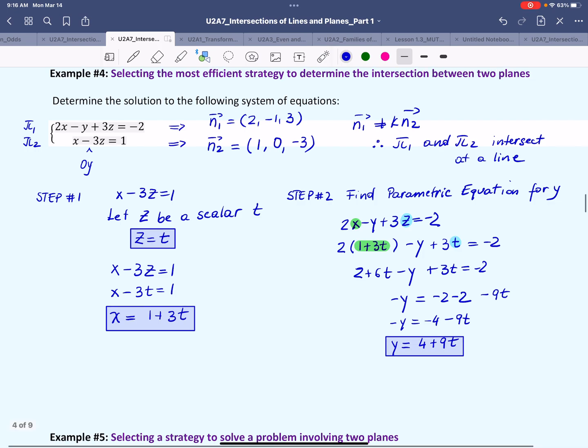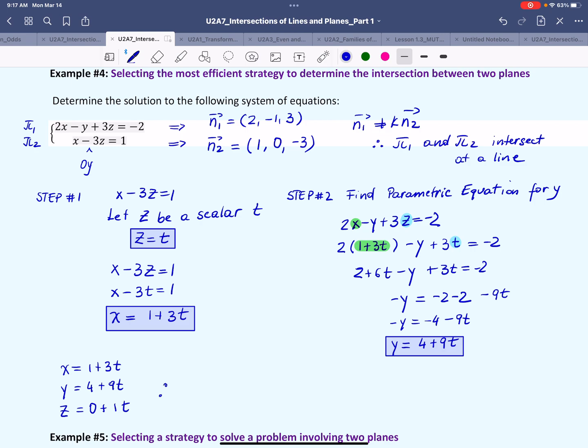So as you can see here, we have the parametric equation for x, which is 1 plus 3t, the parametric equation for y, which is 4 plus 9t, and for z, which is just z equals t, we're going to write 0 plus 1t.